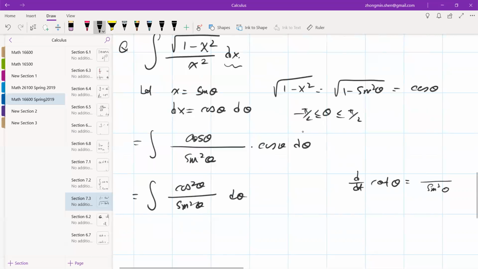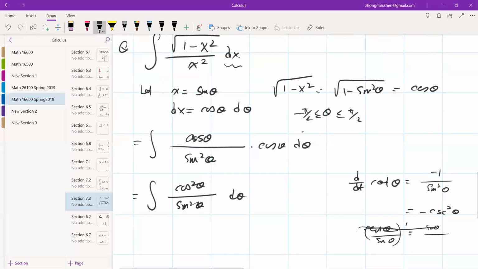Whether it's negative or positive, I think it's negative, a cosecant squared theta. If you forget the sign, just apply the quotient rule, because when you differentiate, a negative sign shows up. So it's pretty sure it's negative.